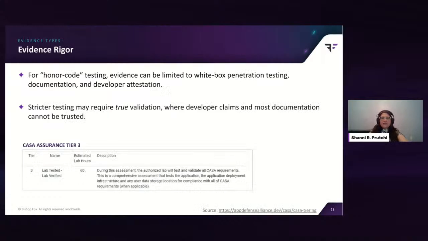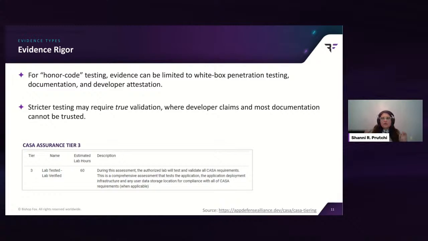So in most cases, you can get away with white box or hybrid testing, which is penetration testing with the availability of source code, as well as documentation and developer attestation. However, there are situations where stricter testing is needed. For example, CASA Assurance Tier Level 3 explicitly states that the assessment not only has to test the application, but also the application's supporting infrastructure and data storage.